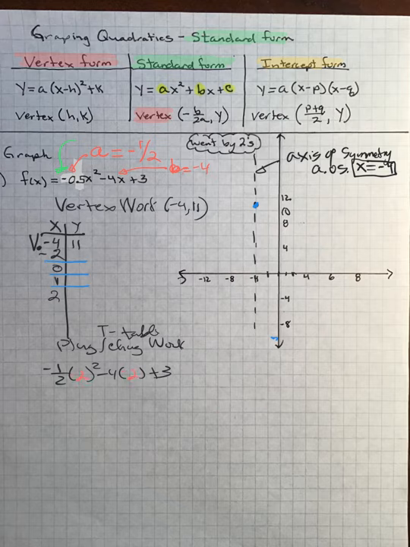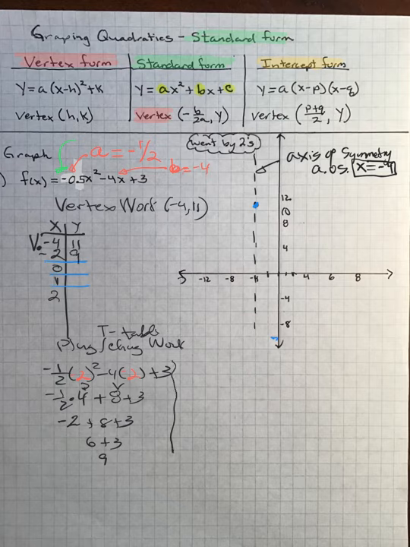And then we do order of operations. So this is going to be -1/2 times 4 plus 8, because we do exponents first. And -1/2 times 4 is negative 2. So that's 6, 3, so that's 9.